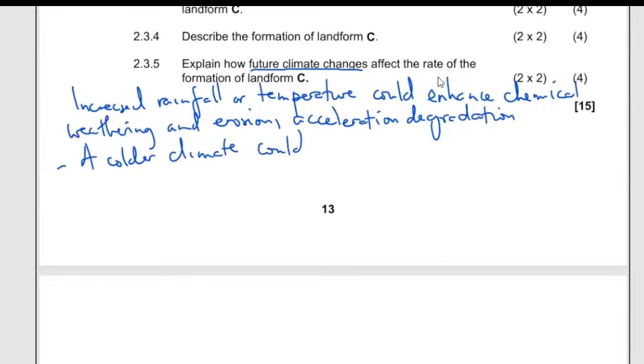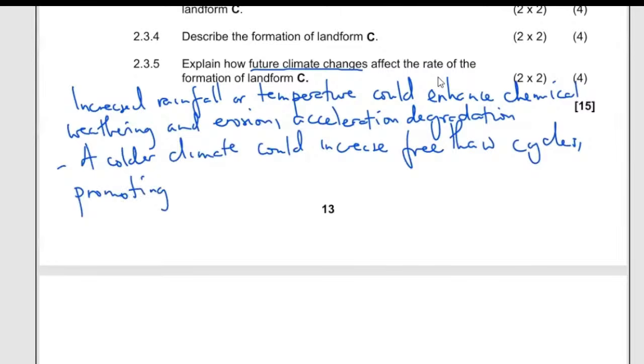A colder climate could increase the freeze-thaw action. How does that impact? It promotes new tor development.